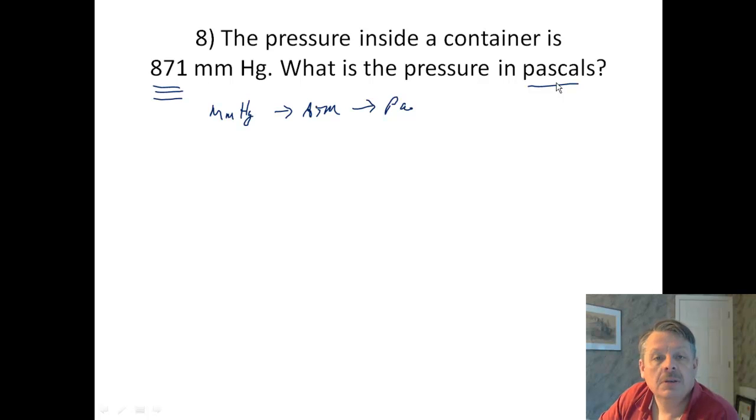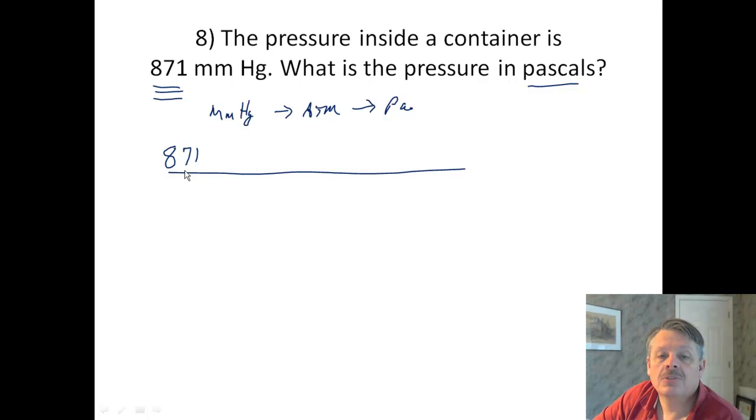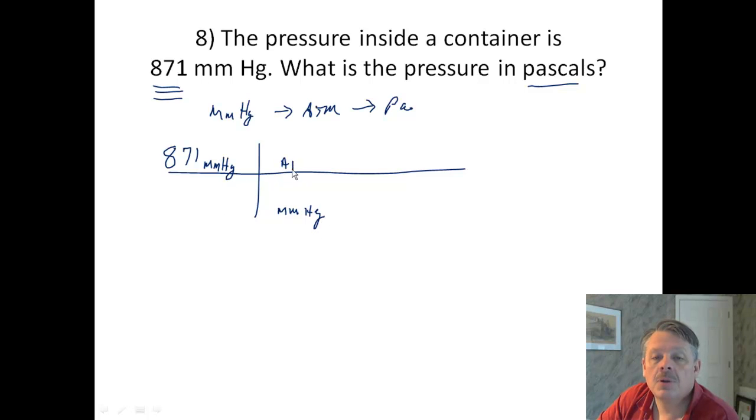I should be able to estimate my answers before I punch everything into a calculator, just to make sure I get the right answer. That helps me check my work. I'm starting with 871 millimeters of mercury, so I have to get rid of millimeters of mercury and go to atmospheres, and then from atmospheres to pascals.